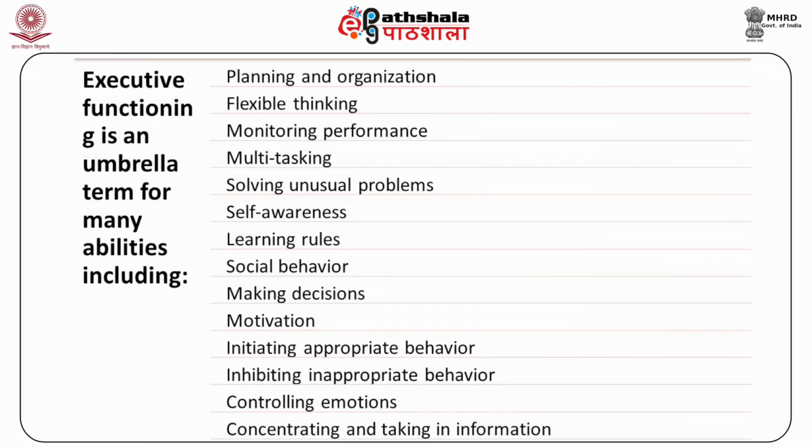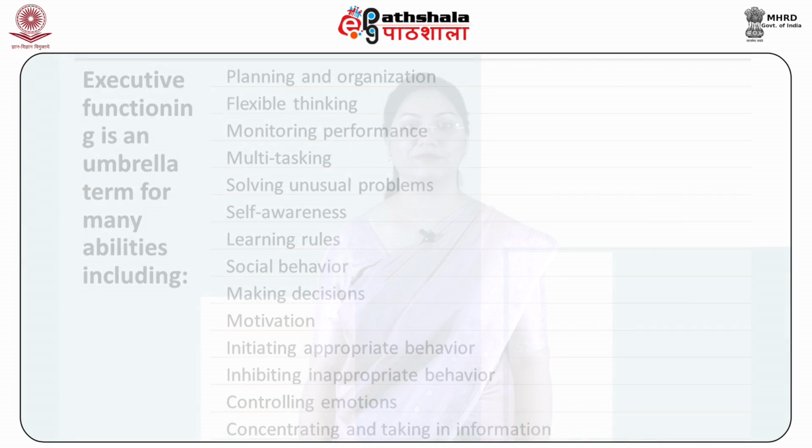Executive functioning is an umbrella term for many abilities like planning and organization, flexible thinking, monitoring performance, multitasking, solving unusual problems, self-awareness, learning rules, social behavior, making decisions, motivation, initiating appropriate behavior, inhibiting inappropriate behavior, controlling emotions, concentrating and taking in information.